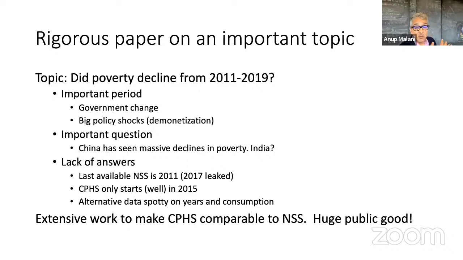What makes this paper particularly special is that it's not merely answering the question, but they make an extensive effort to make sure that CPHS is comparable to the NSS, and they make that available to us, both the methodology, multiple of them, and compare them. They also make, if I understand correctly, the weights available. That's a huge public good.